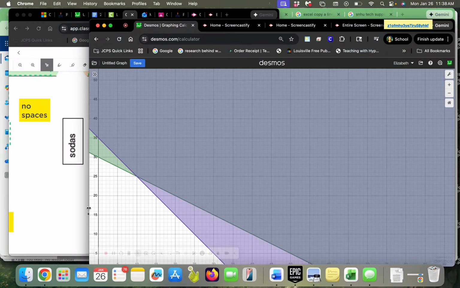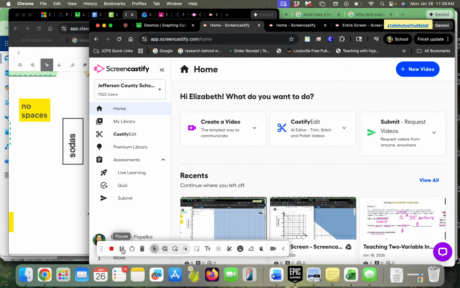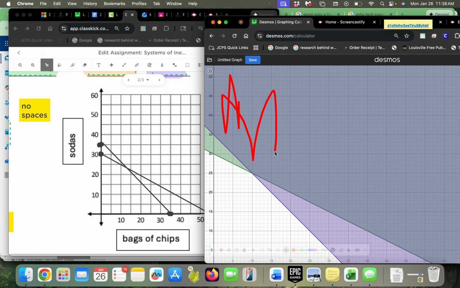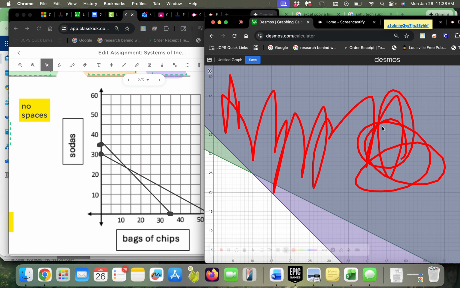So remember, the part that matters is where you see both of the colors overlapped. Sorry, my window went a little crazy there for a second. As you can see, because they're both greater than inequalities, both of them are shaded up. So the part where the purple and the green overlap to make this darker purple, that is where all the solutions are.